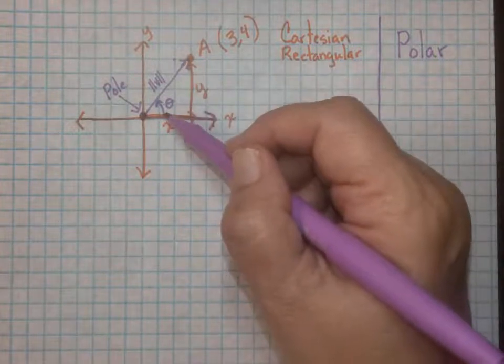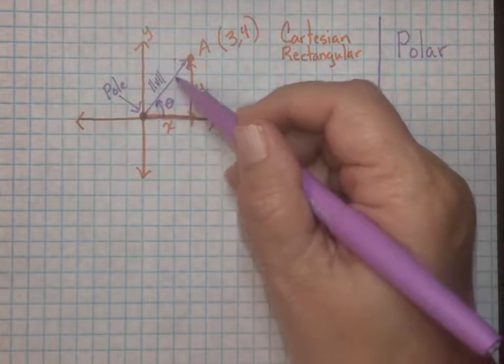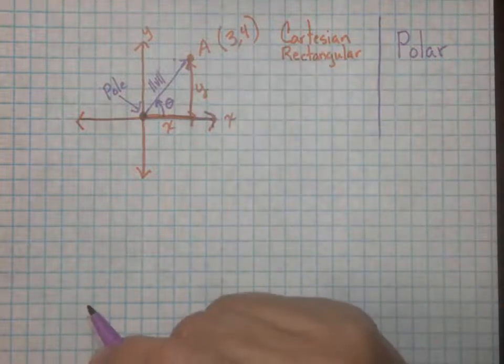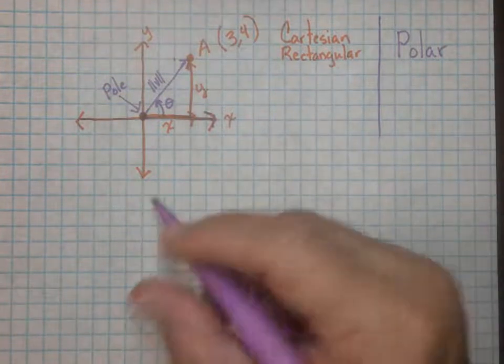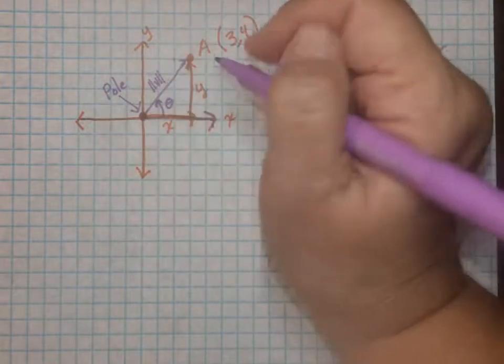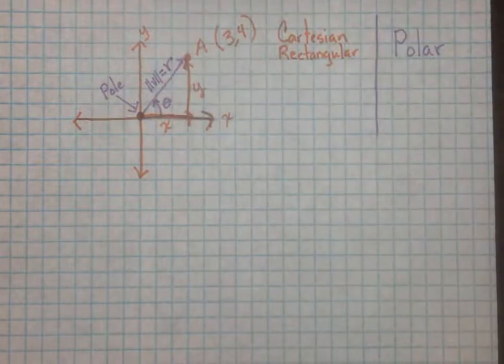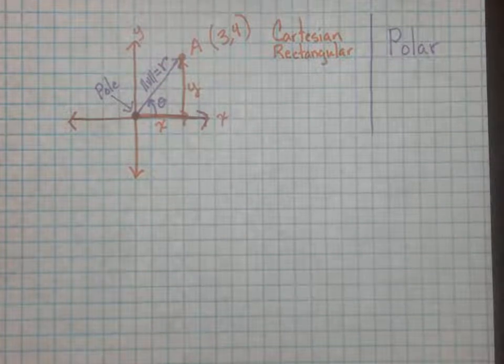You just say, well, my angle goes like this, then my magnitude goes out this far, and it stops right there, and so you could get there. So the one switch that we're going to make is we're going to call this magnitude of the vector a lowercase r. And that relates to the idea of a radius, the radius on our unit circle.